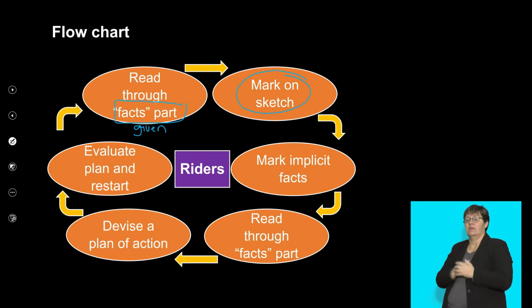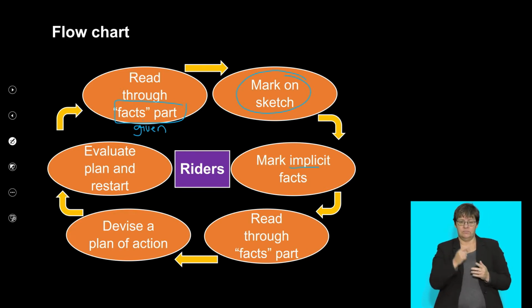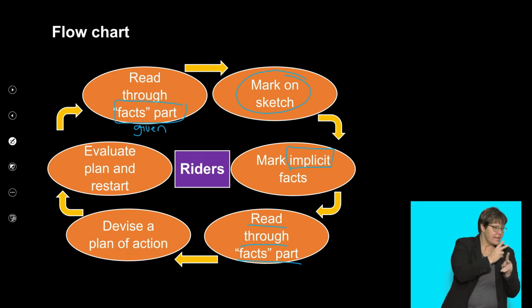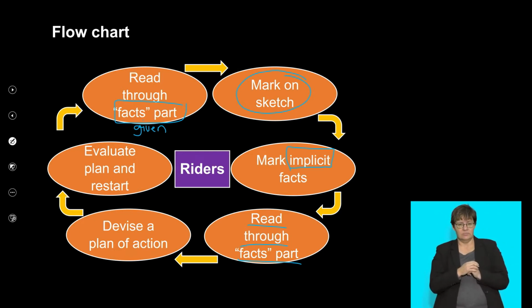And then from there, you mark the implicit facts. What do you now know because of the lines being parallel? What do you now know because of the lines being equal to each other? And then you read through the facts part again, which means you check whether you are done with what they have told me. And then you devise a plan of action.